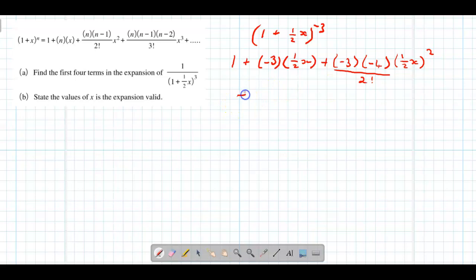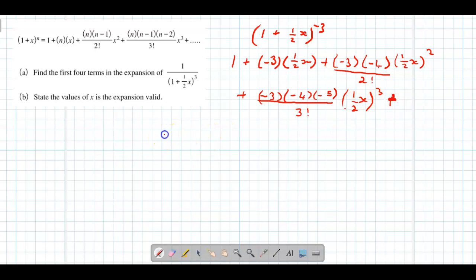So continuing on to the next line, this is a bigger one, we have n, this is my 4th term, and n minus 1 and n minus 2, and all of that gets put over 3 factorial, and then we have this half x cubed, and that expansion will obviously carry on, but I only want the first 4 terms.